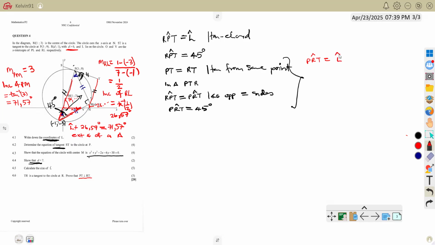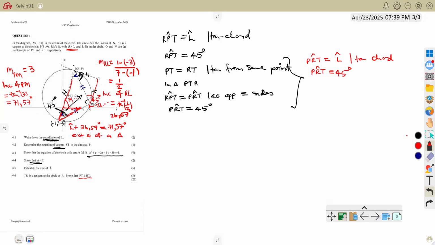Why are we saying so? It's tan chord. Because we are given this one as a tangent, then there is a chord there, then the angle between a tangent and a chord must be equal to the angle in the alternate segment. So we can therefore conclude that our PRT is equal to 45 degrees. So it's proven that it's 45 degrees there.